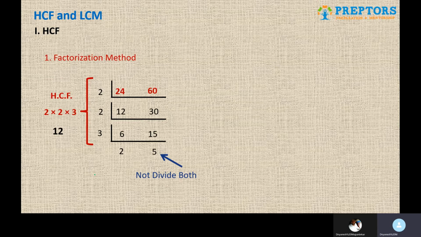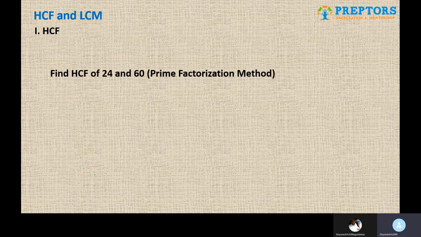The second method is actually a little bit of an extension of the first method itself. We did factorization. Now we will do prime factorization. As the name suggests, we are supposed to prime factorize the number, as in divide our numbers into prime factors, the factors which are not further divisible.